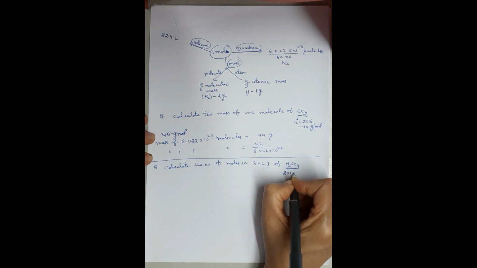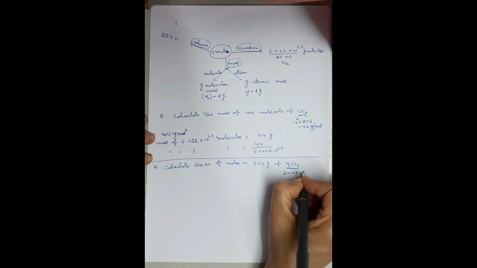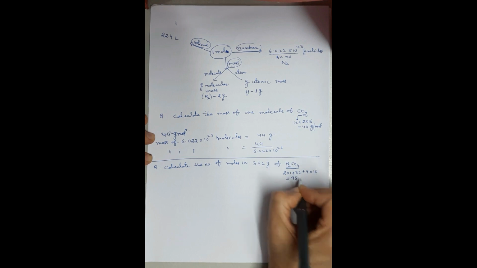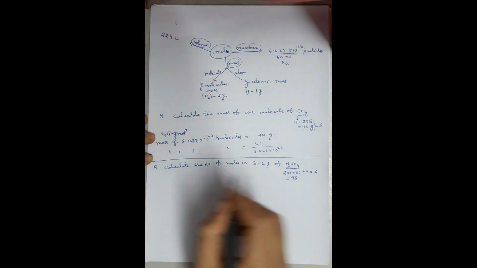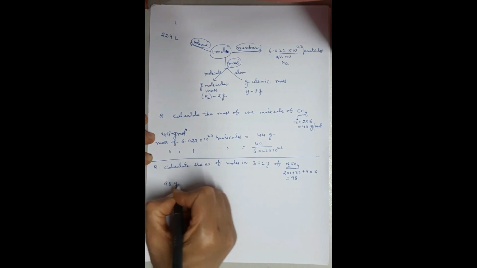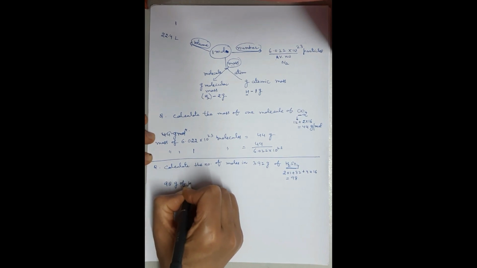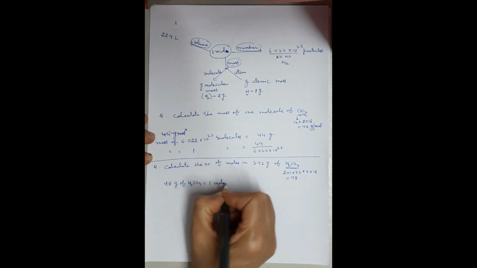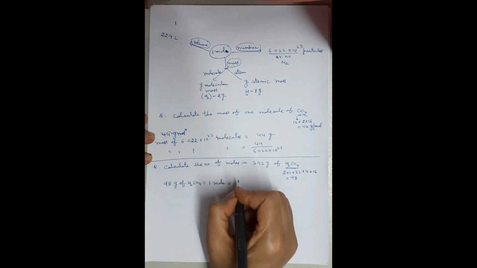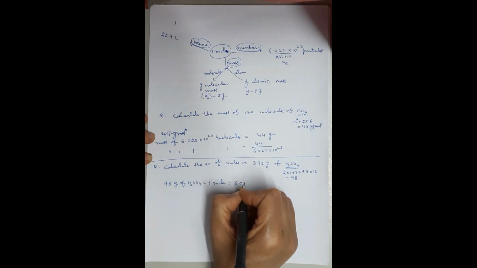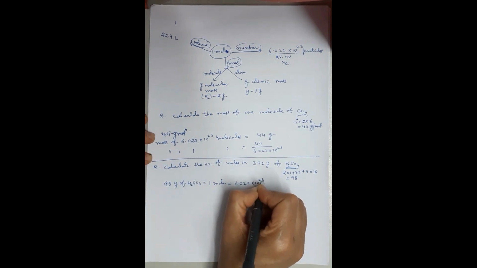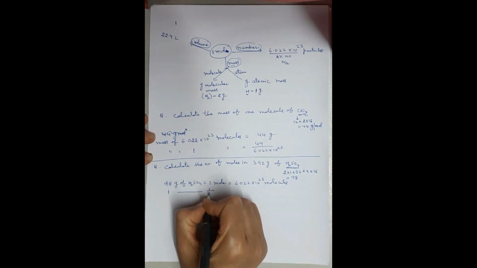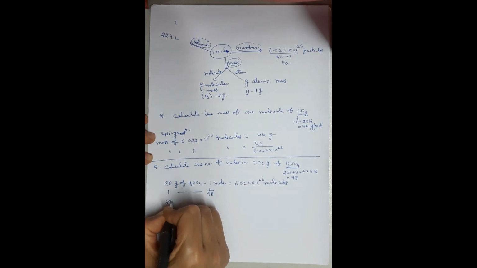2 into 1 plus 1 sulfur is there, it is 32, plus 4 atoms of oxygen, each is 16, it comes out to be 98 grams per mole. Beta, you know 98 gram of sulfuric acid is equal to 1 mole, and how many molecules are there in this? 6.022 into 10 raised to power 23 molecules. 1 gram contains how many mole? 1 upon 98, and this is 392.